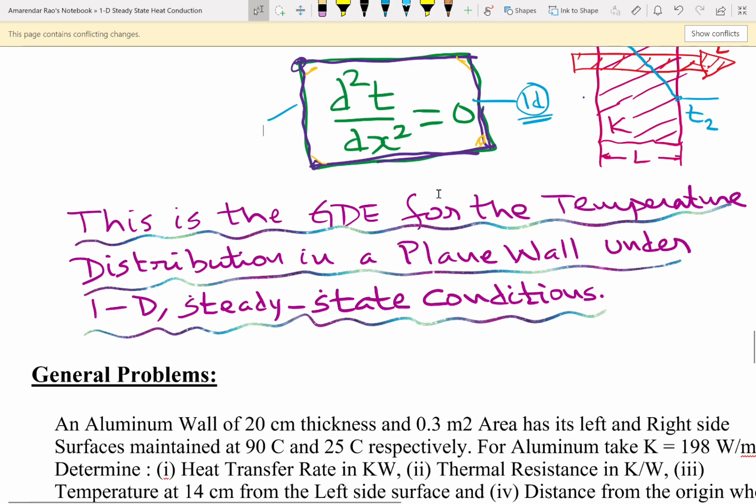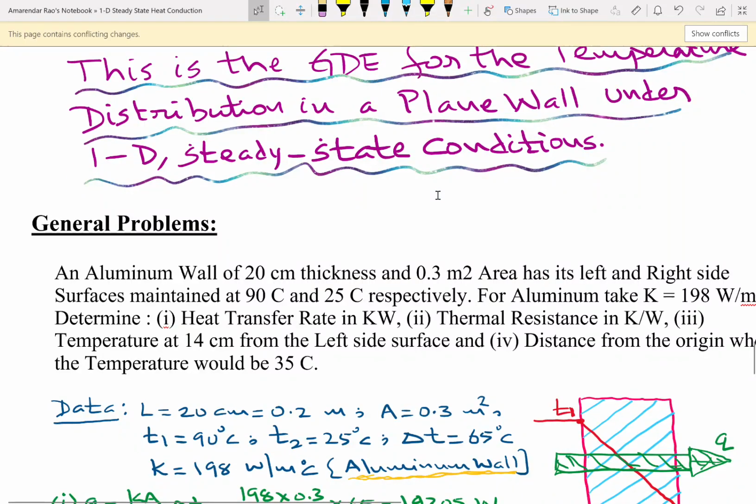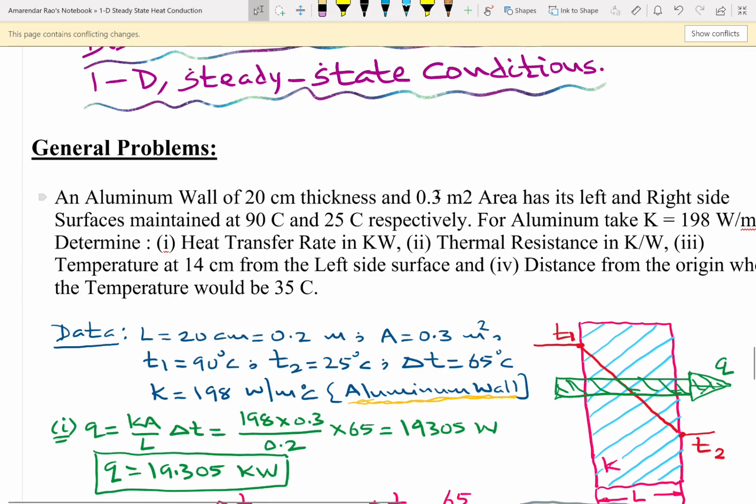Now these are all certain simple procedures by way of which one can handle plane walls. Now let us have a look at some general problems which could be useful to write any of the examinations. First problem: an aluminum wall of 20 centimeters thickness and 0.3 meter square area has its left and right side surfaces maintained at 90 and 25 degrees centigrade respectively.